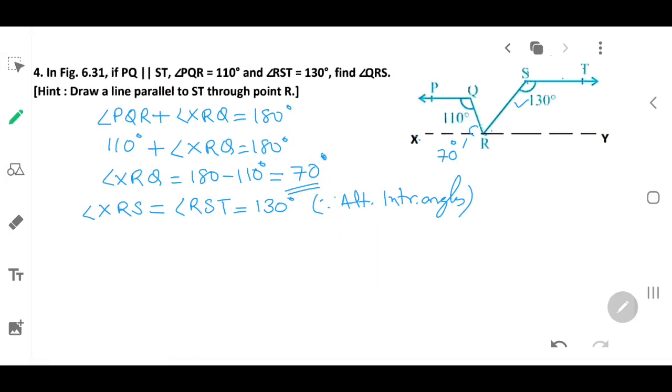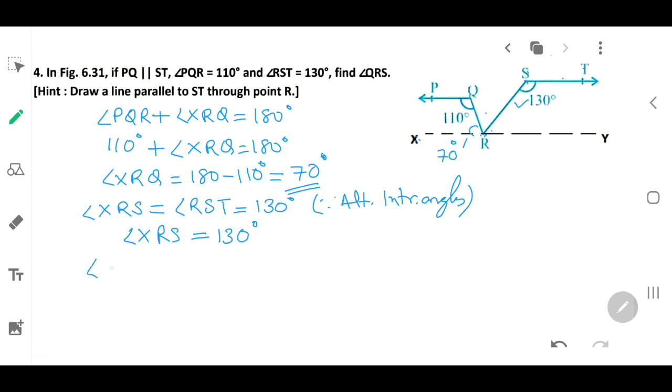There are two angles: one is XRQ and the other one is QRS. So these two, their sum is 130 degree. So here we can write XRS is equal to 130 degree. So we can split XRS into two angles.